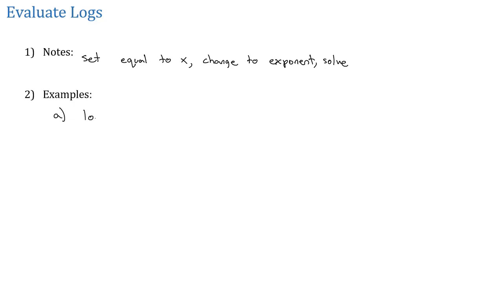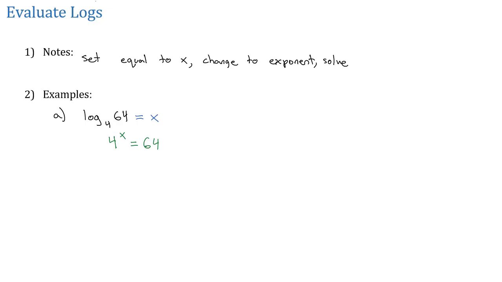If I wanted to evaluate the log base 4 of 64, in order to figure out what that is, to help me out, I'm going to say it's equal to x, and then I'm going to rewrite this log problem as an exponent with a base of 4, an exponent of x, and that's equal to 64.